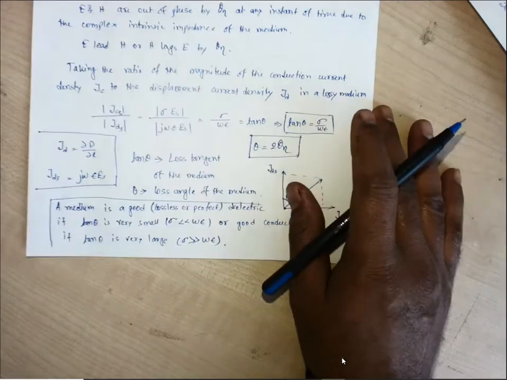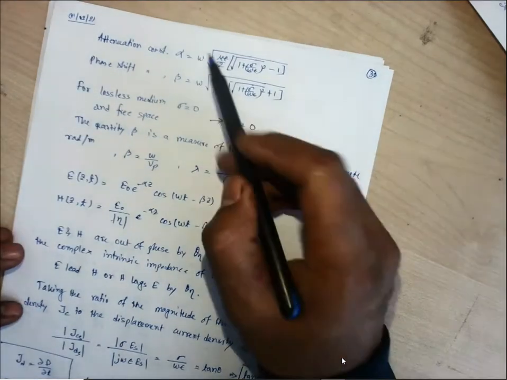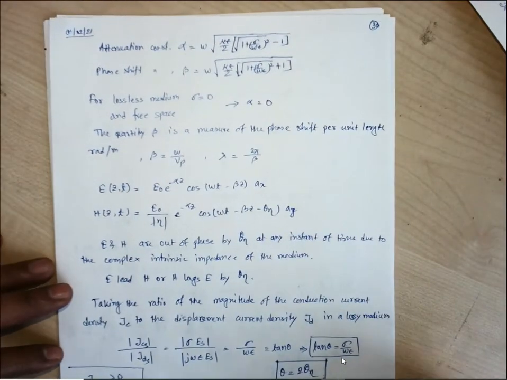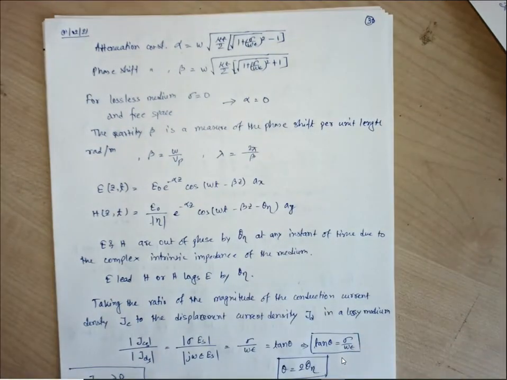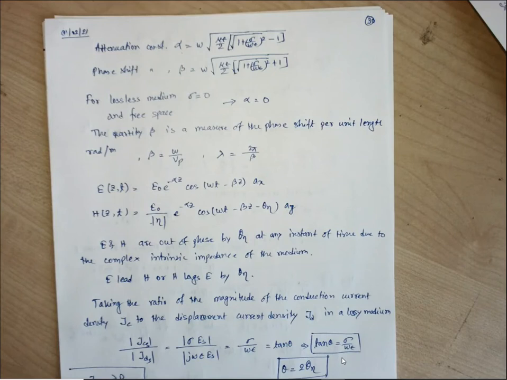Now if we look into these two expressions, alpha and beta, the attenuation constant as well as the phase shift constant, they do not depend only upon the medium parameters. They depend upon one more parameter which is not at all dependent on the medium parameters. That quantity is known as omega. Omega is not a parameter related with the medium.